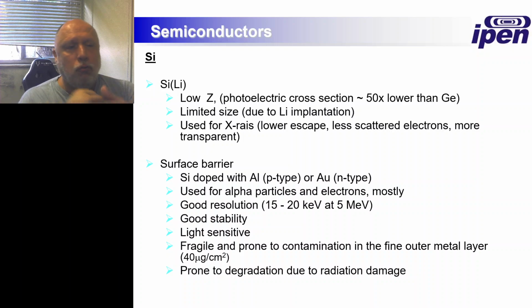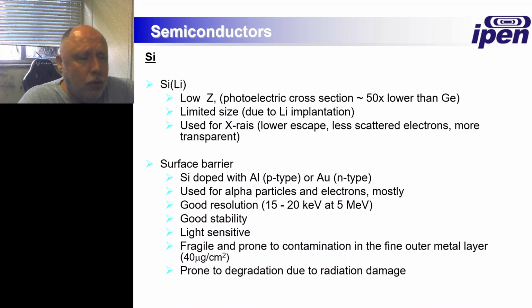And then, there's also the other semiconductor that has a lot of use, which is silicon. There are two kinds. The silicon lithium detector is one we use for X-rays. We need the implantation, and because of the implantation of lithium, there's a limit in size.